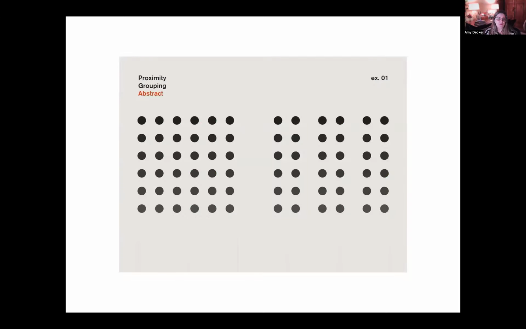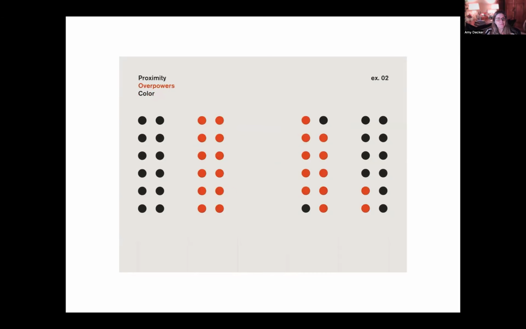In this example, you see one group of circles on the left. And in the second image, you see three groups or columns of circles. The only thing that changed is the distance or the proximity between some of the circles. Now, the proximity is stronger than other Gestalt principles.